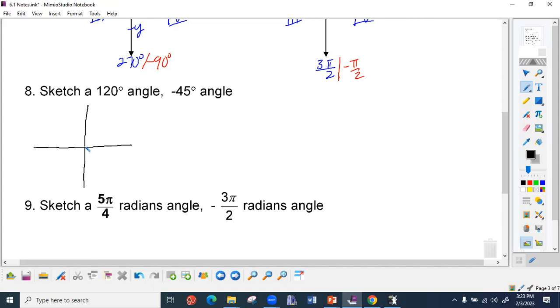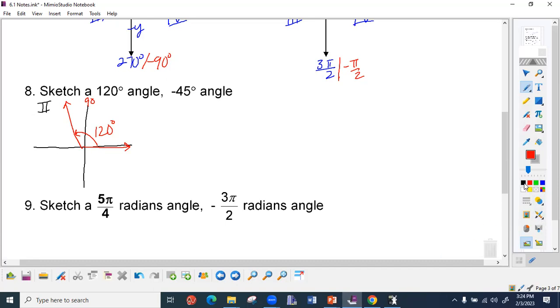So we know that our terminal side has to be in quadrant 2. We start here at 0. We know that this is 90, and how far from 90 do we need to go to get to 120? 30, so like a third of the way, right? So this would be our sketch of 120 degrees.